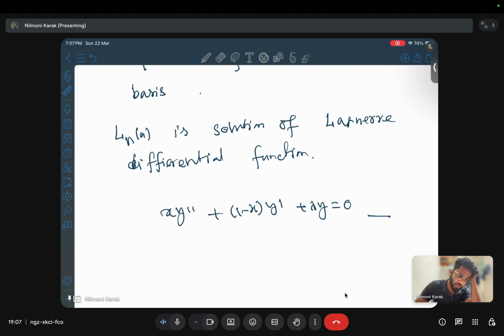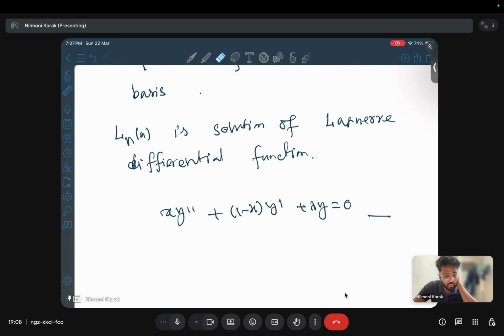Using power series solution, you can find the solution. The equation has a polynomial solution, of course. But if you find the Wronskian of two solutions, it is 0 at origin, so we have a singular solution.